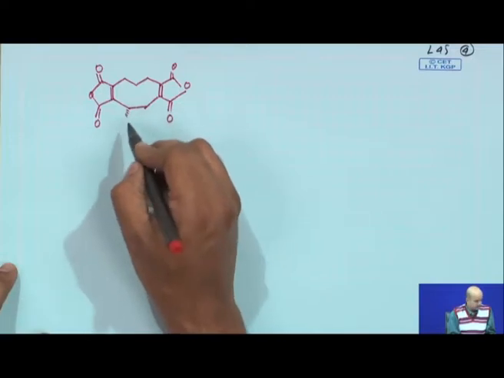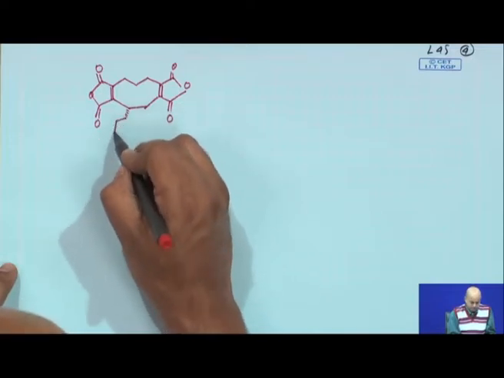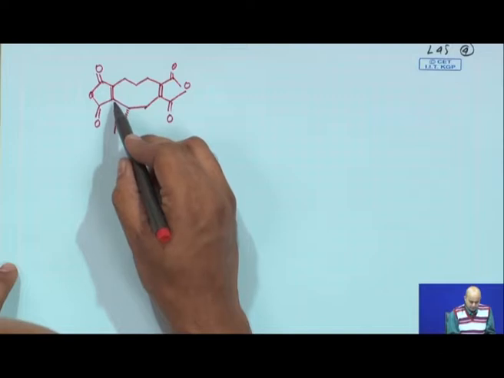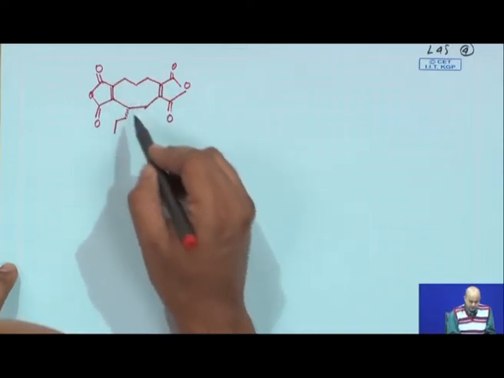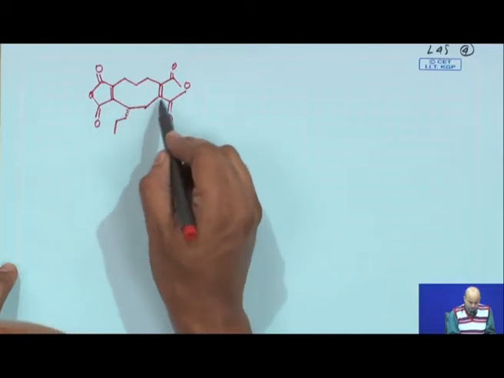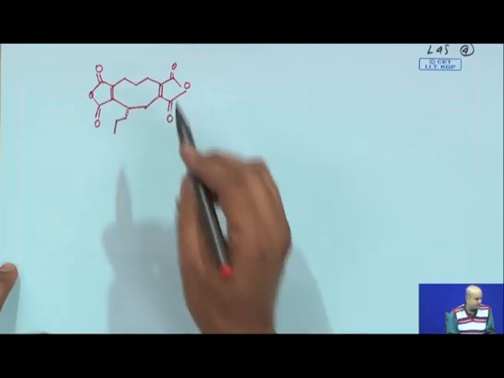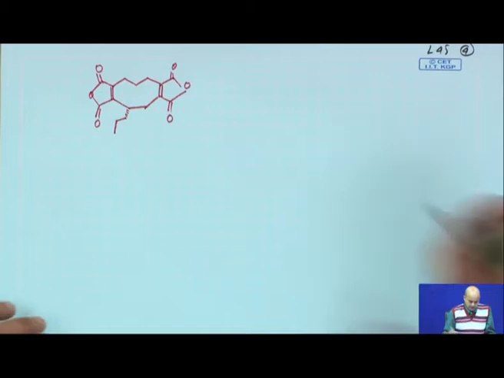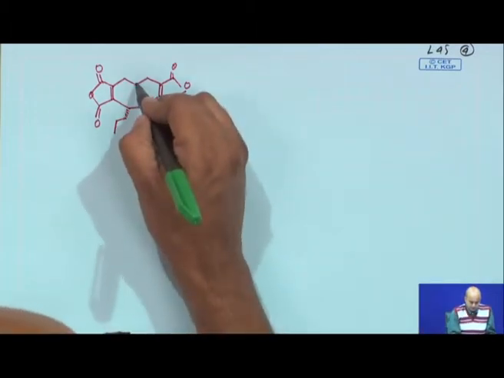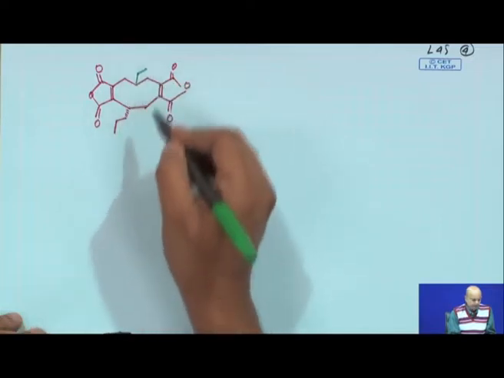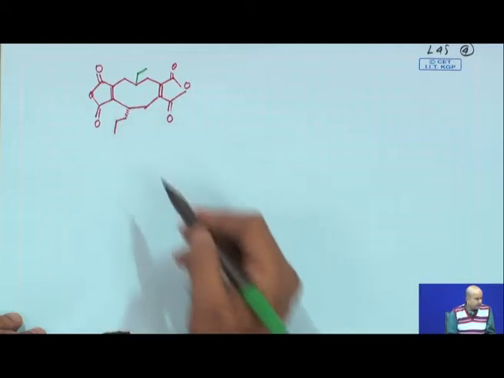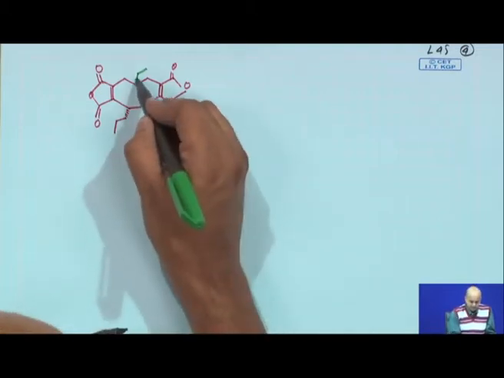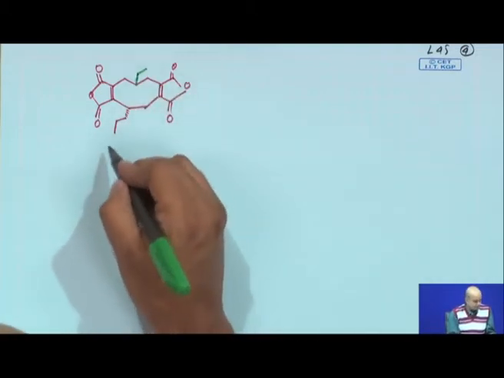The left hand part was joined with a 3 methylene bridge, and the bottom part was joined with a 2 methylene bridge. In the top 3 methylene bridge, in the center you have an ethyl functionality, and in the bottom you have an N propyl functionality. The stereochemistry was there, but we did not discuss the stereochemistry.